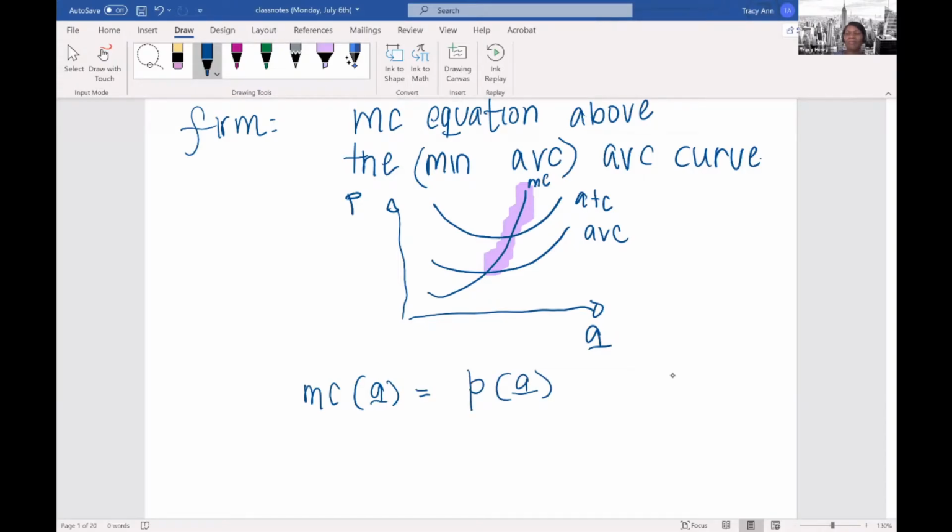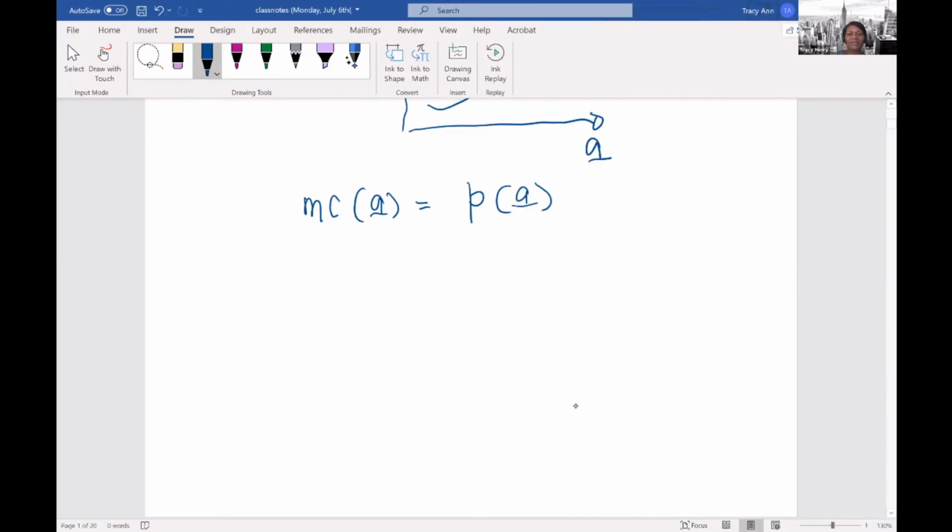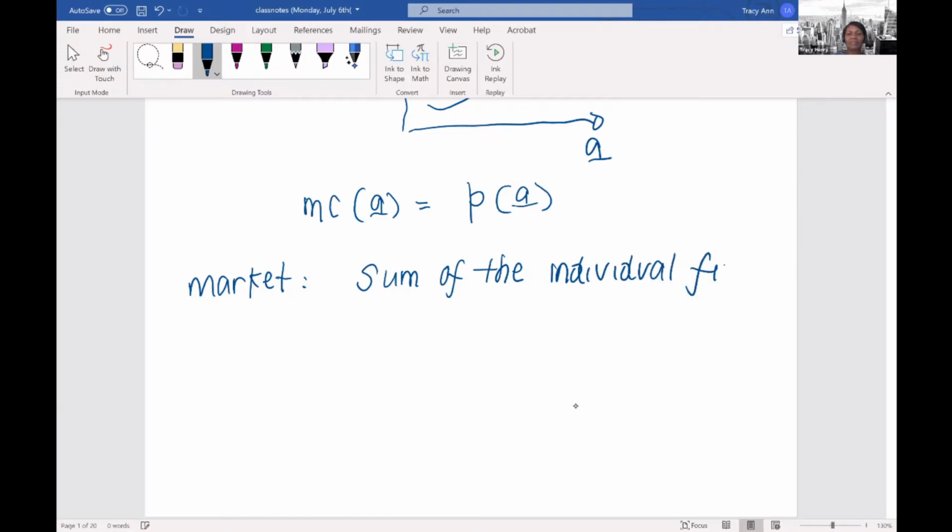To get our market supply curve, we would have to rewrite. So this is for the market now. This is the sum of the individual firm marginal cost curves.